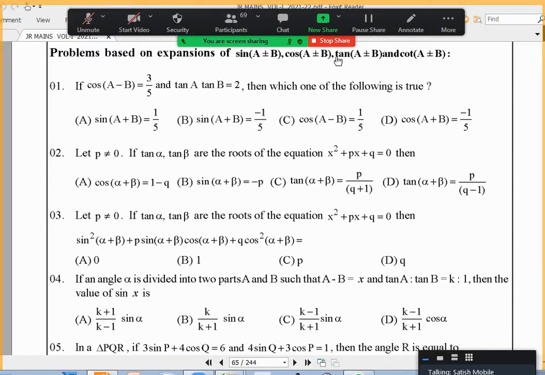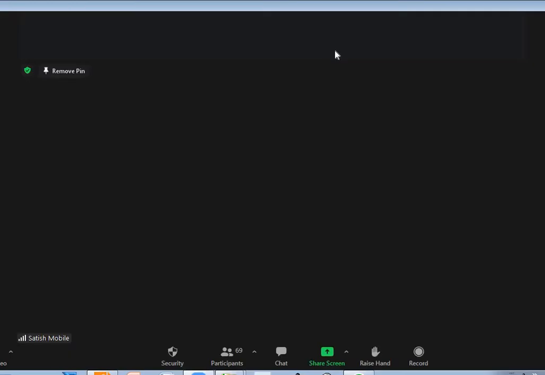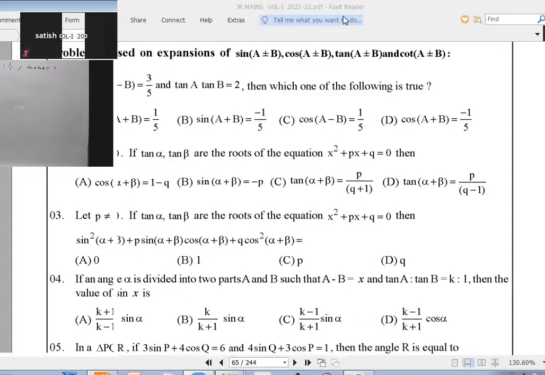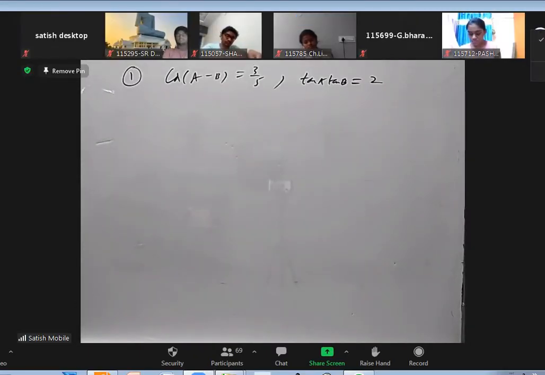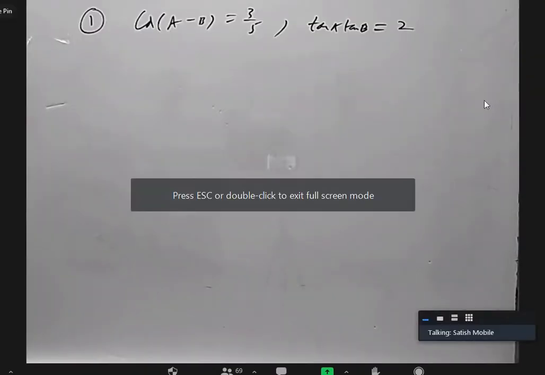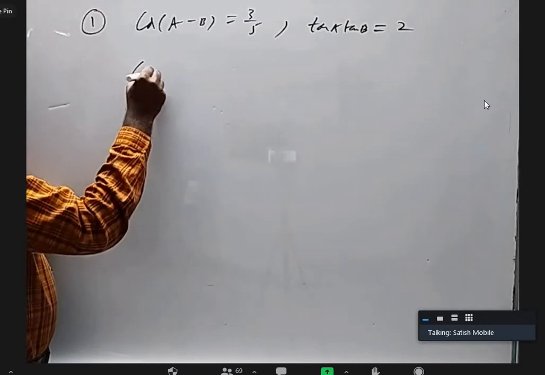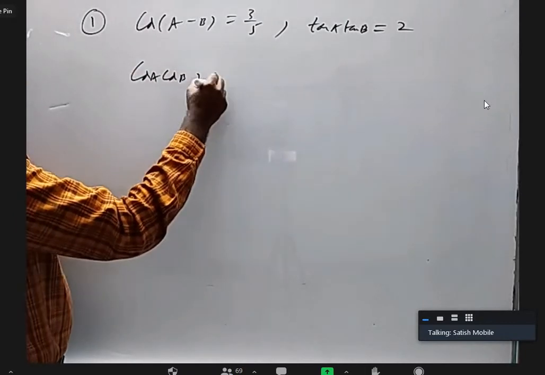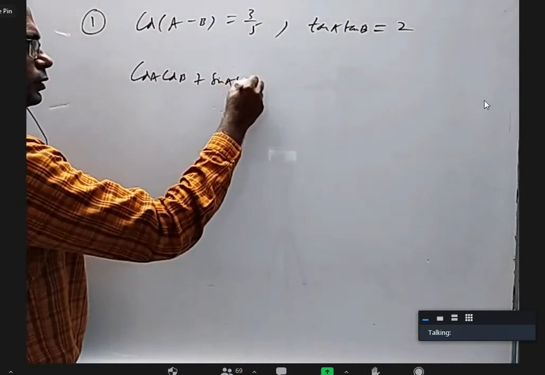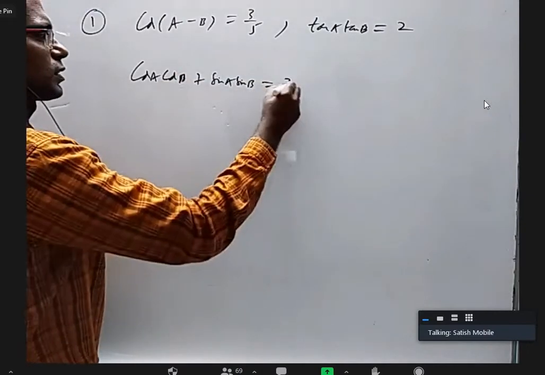Some options are sin A plus B, some are cos A plus B. We don't know which quadrants they are. But one thing that we have to notice here, cos A minus B, I can write cos A cos B plus sin A sin B is 3/5.